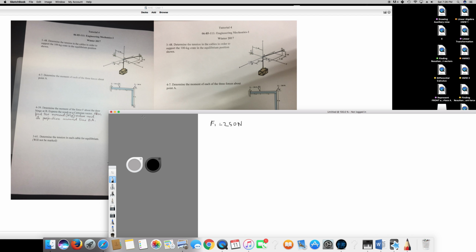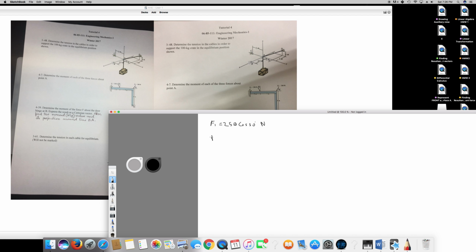But we have to be careful. In this case, we have to be careful, because 250 Newton is along 30 degrees. So it means 250 Newton cos 30. 250 cos 30 is the direction. Or you can say sine 60, it's going to be the same thing. 250 cos 30 Newton.